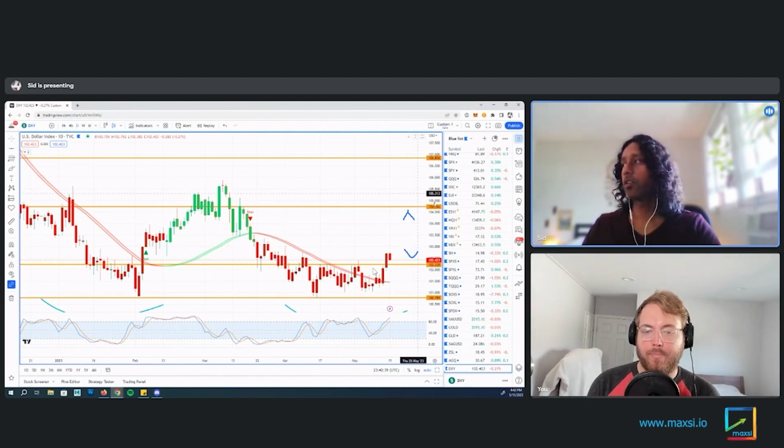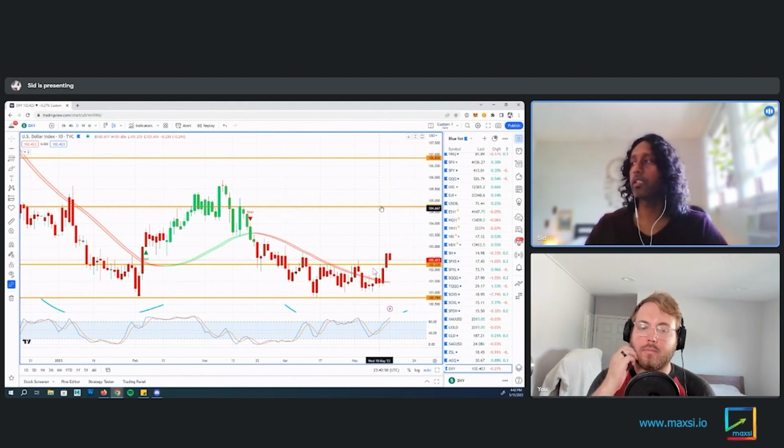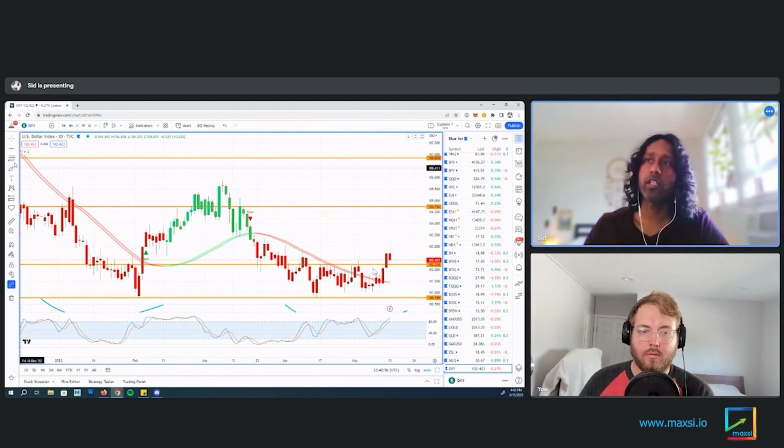Exactly. I'm just going to delete this so it's a little cleaner. Say it reaches this zone, and then you wait to see if it pushes past. Sometimes it could do a fake out.